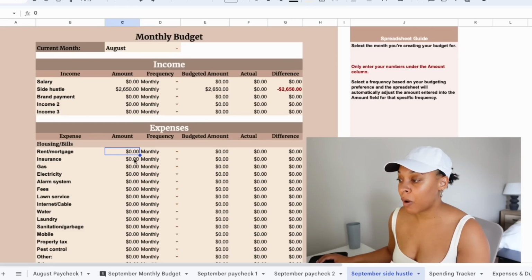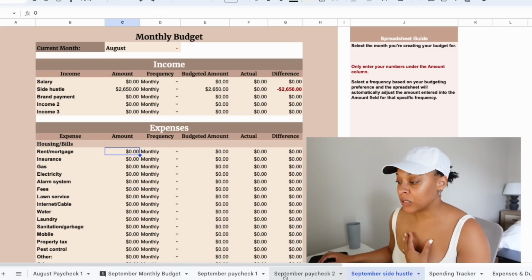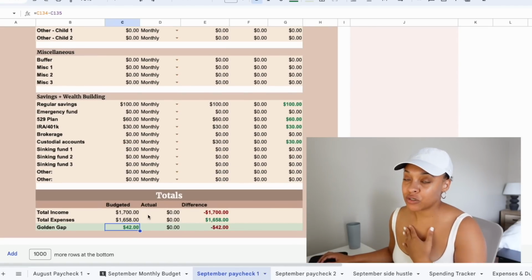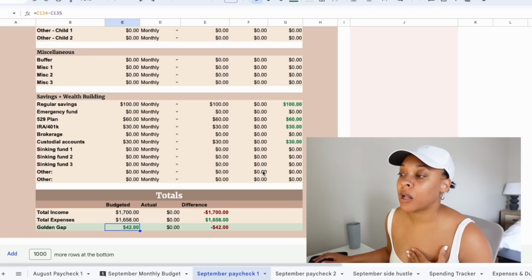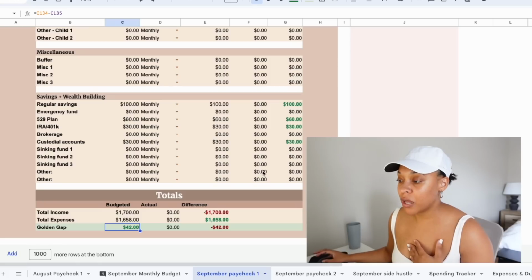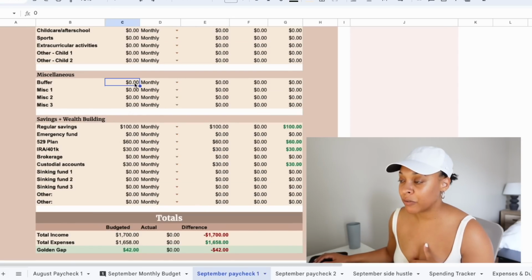And I am always going to be expecting an additional paycheck. And as you can see from my 9 to 5 paychecks, going down as an example, I just have a spendable income of $42 after all of those expenses are taken out. And so typically I have this amount going into my buffer account.